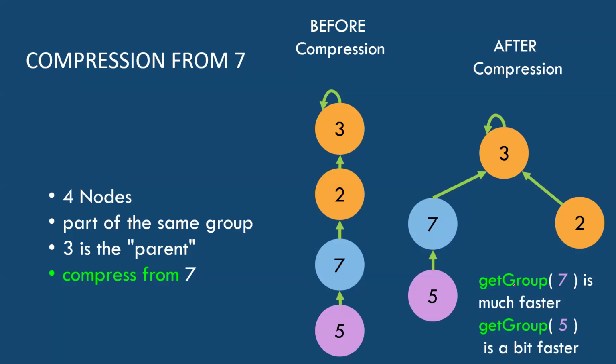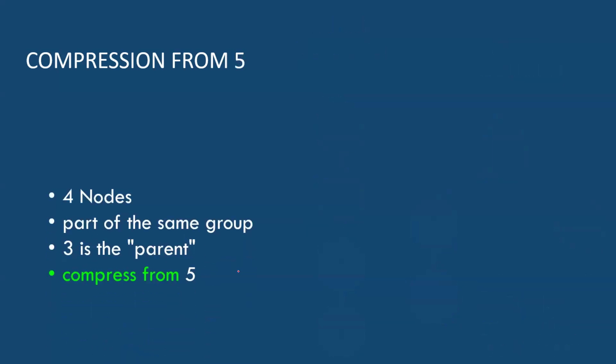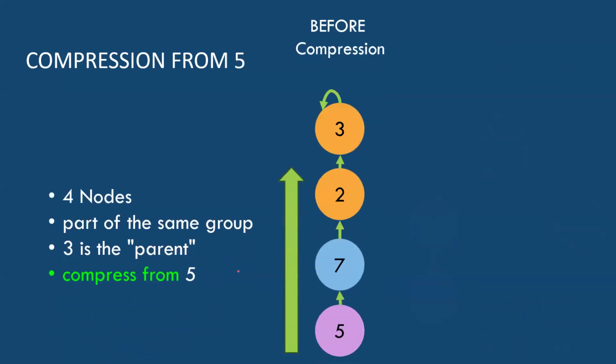Now, if I do that, then get group 7 obviously gets a little bit faster, and 5 gets a teeny bit faster, but it still could be better. We haven't fully compressed the 5 yet. But that's pretty eager. Now, if somebody said, hey, what's the ID of 5? Well, then we should do all of the cleanup all the way up the chain.